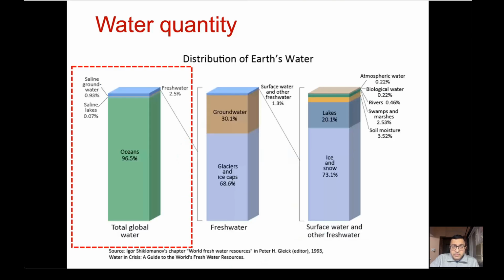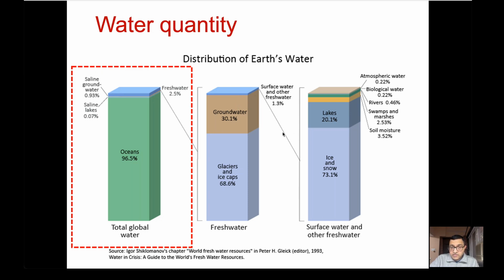Now let's quickly look at the global water quantity. Most of the water, as we know, is in the oceans, and out of all the water on the earth, there's about 2.5% of fresh water, and of all the fresh water, 68% of that is locked in glaciers and ice caps, and then 30% is groundwater, and 1.3% of the total fresh water is available as surface water and other fresh water.